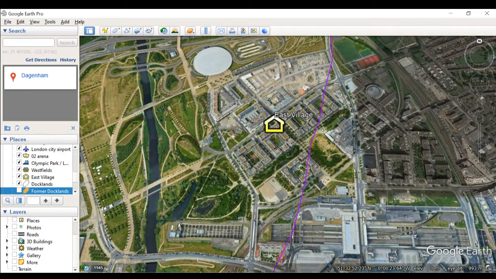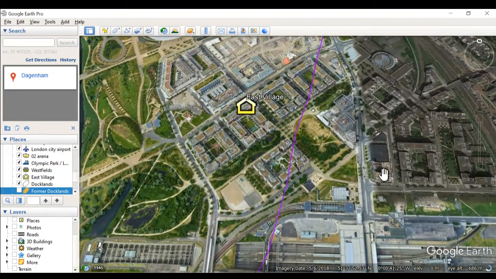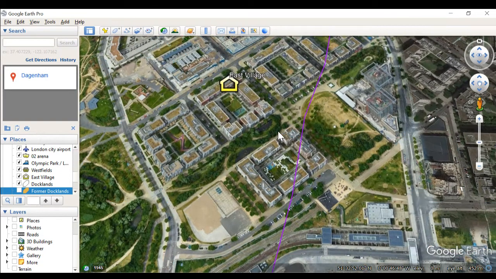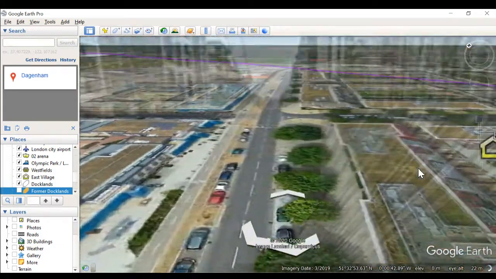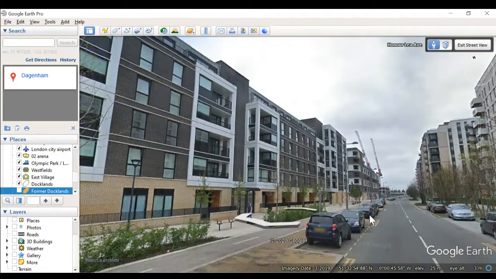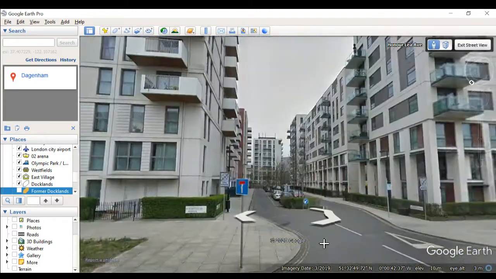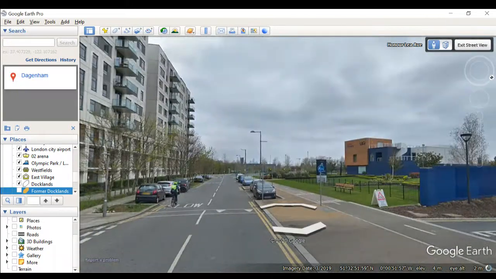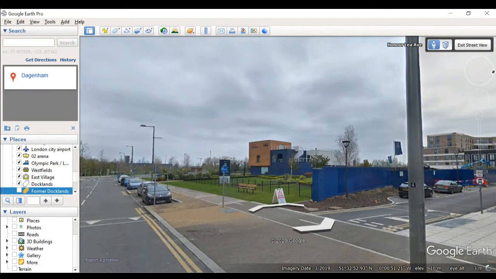We've got East Village, which is the former athletes' village, which has now been redeveloped into housing. This is an example of housing called pepper potting. So we've got a mixture of rented housing, private housing, and private sales in this area. They've got gardens in the middle. We can see here a new school which was built.